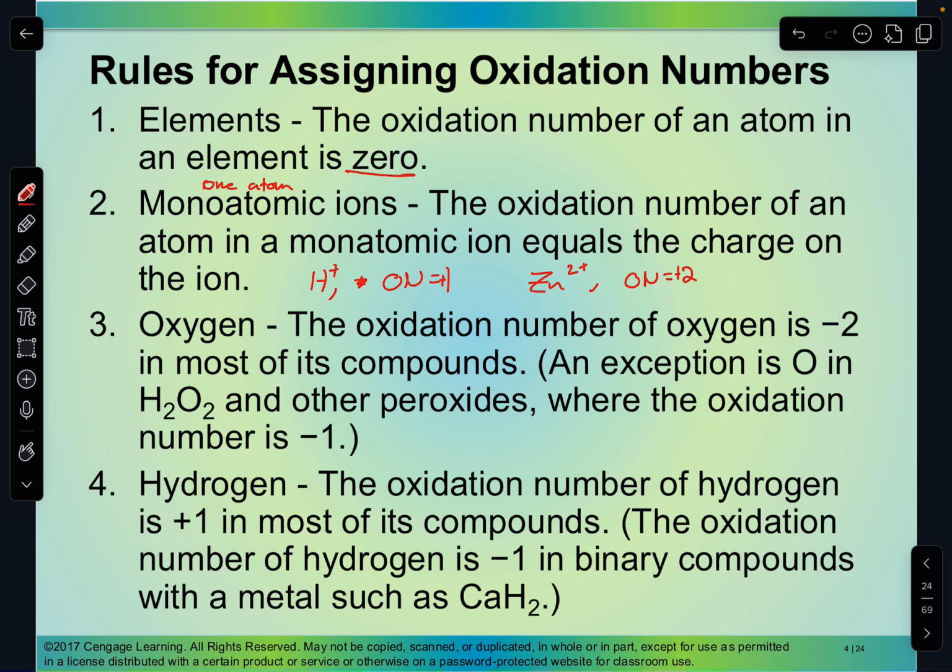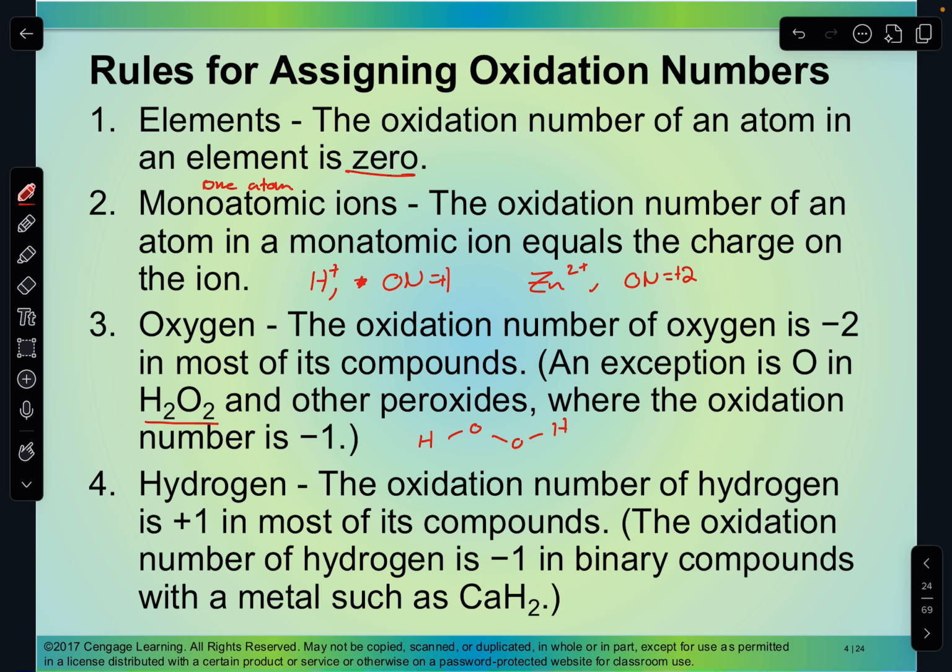For oxygen, the oxidation number of oxygen is going to be -2 for most of the compounds, except for if you have hydrogen peroxide or any other kind of peroxide. That's because it looks like this, HOOH. And really what this comes down to is what these atoms are bonded to.